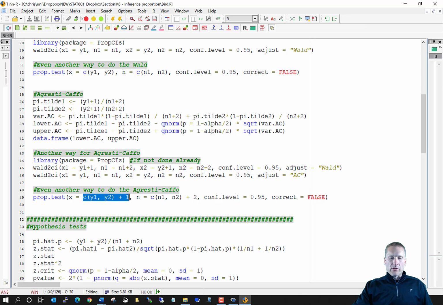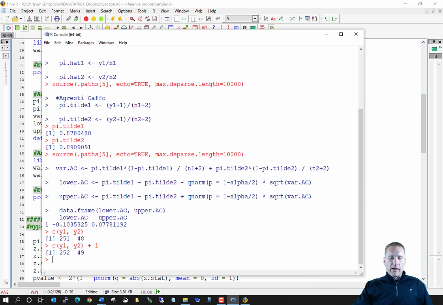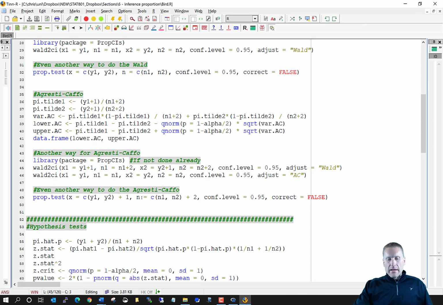So let me show you what that looks like. And indeed we're adding 1. Again, this takes advantage of how R nicely does its calculations. It adds 1 to both components of this vector. And then for the n component, we combine the n's and add 2. We use conf.level equal 0.95. And then we also say correct equal FALSE.